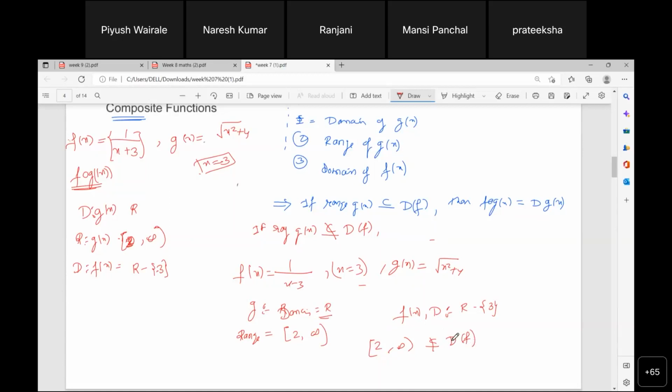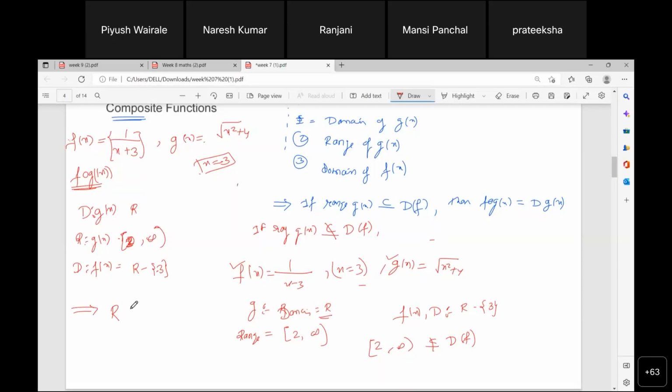So in that case, what will be the domain of this fog? Here I have considered f of x and this is g of x. We need to eliminate all values of g of x for which the value comes to 3. Just tell me, what will be the domain then?